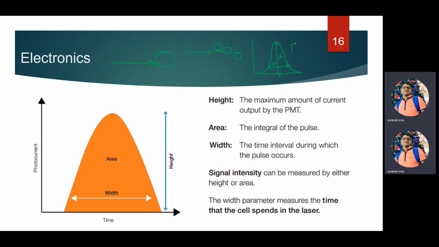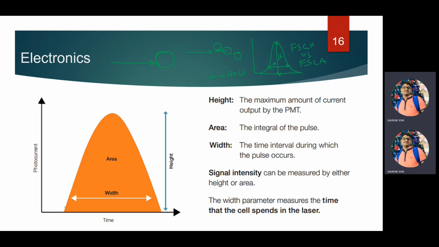We often calculate FSC-H versus FSC-A. A is the area. In layman's terms, area is equal to height times width.